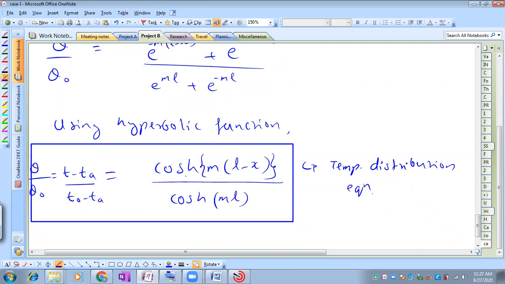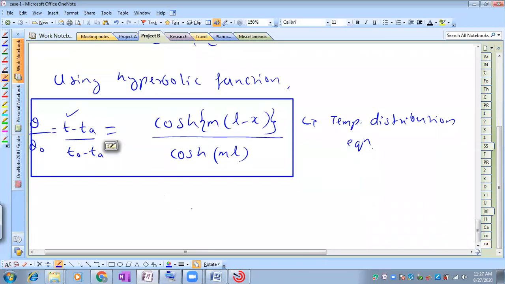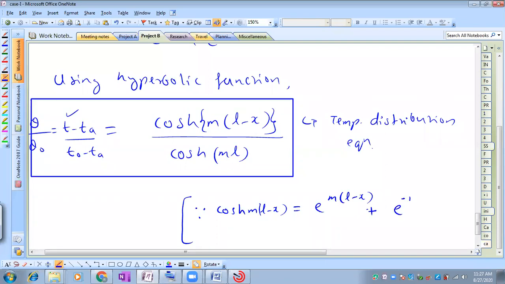So if they ask you to calculate the temperature in a fin which is insulated at the tip, we have to use this equation. Now, based on this, hyperbolic cos of m into l minus x is equal to e raised to m into l minus x plus e raised to minus m into l minus x, divided by 2.